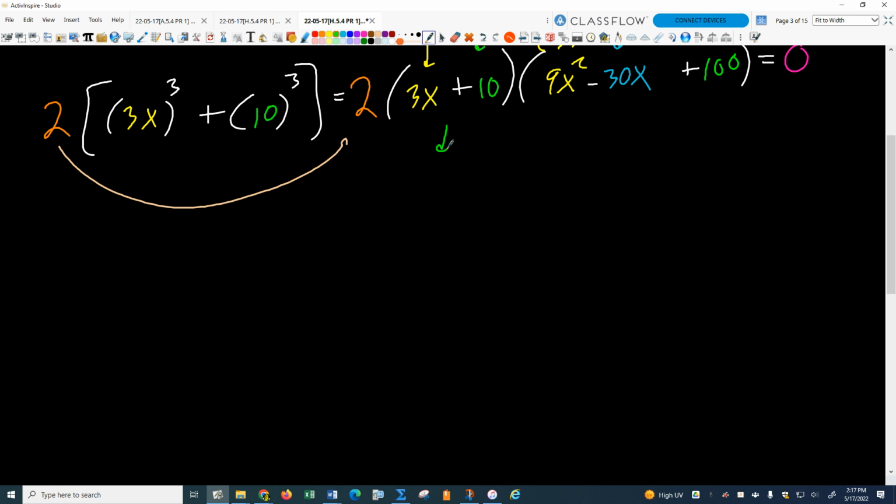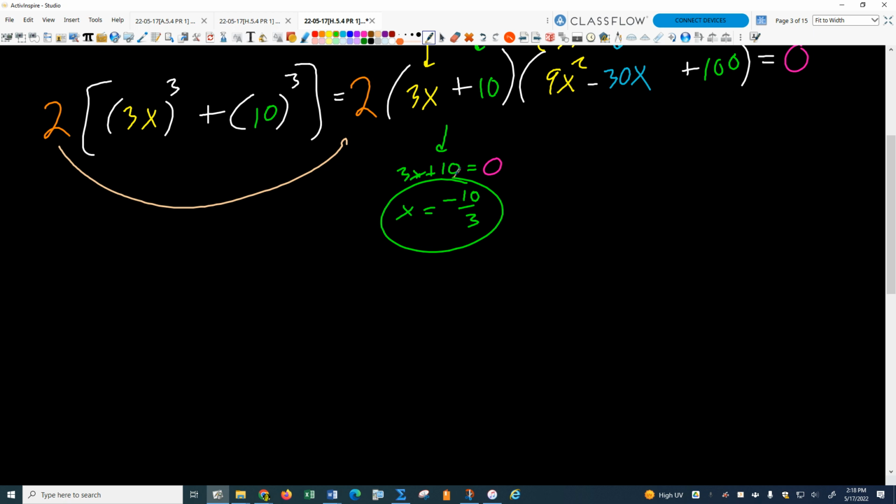Let's see, 3x plus 10 equals 0. If I isolate x, what am I going to get? Yeah, negative 10 over 3. Okay, subtract the 10, divide by 3. So one solution is negative 10/3. Okay?